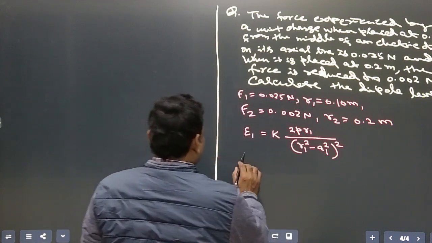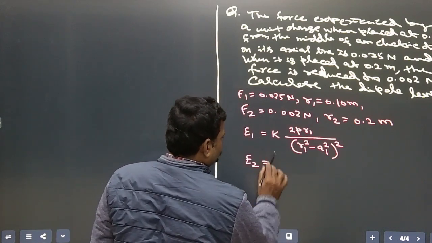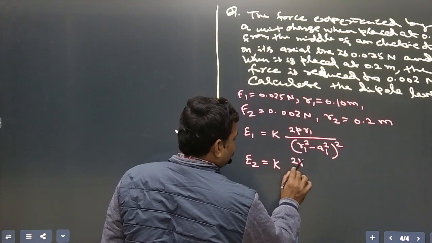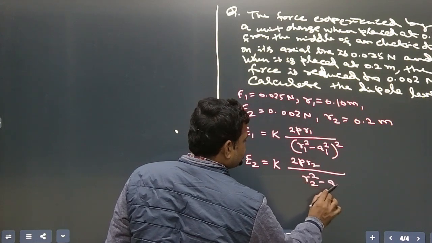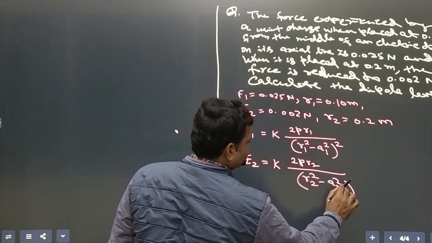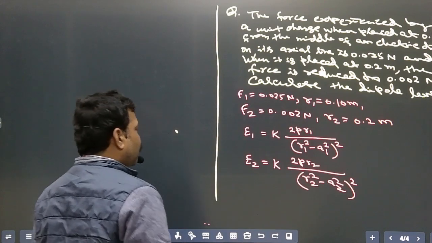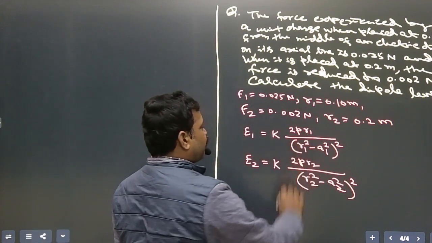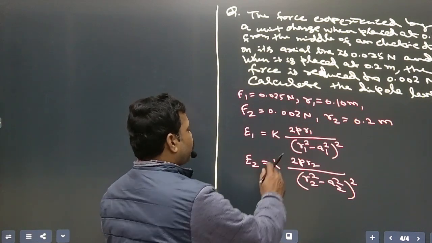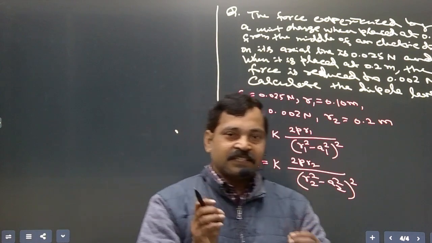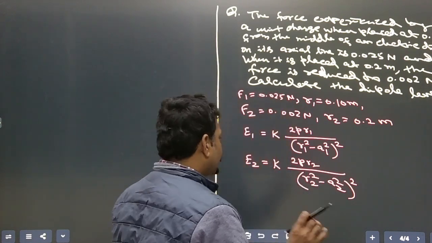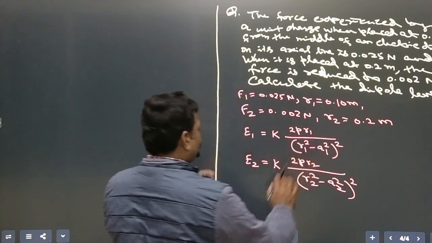So in second case, the E2 will be similarly K 2P R2 upon R2 square minus A square, whole square. Here we cannot use that 2P upon R cube because A is not very much less than R, or it is also not given that it is very small compared to the R. So we will be using the full formula.